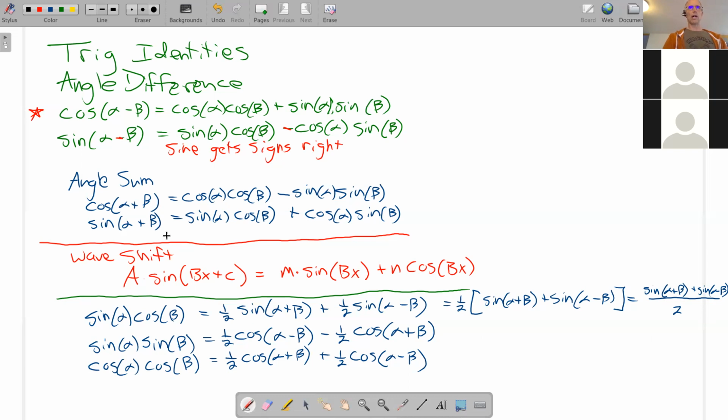And then the last, and this is all just in section 7.2, there's a whole other set of formulas in 7.3, the sum to product formulas. And I guess I will squeeze them in here. So I didn't label these, did I? These are product to sum.